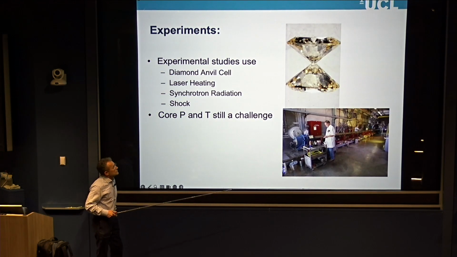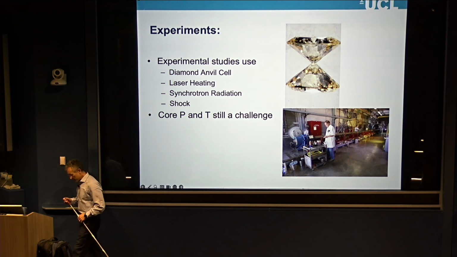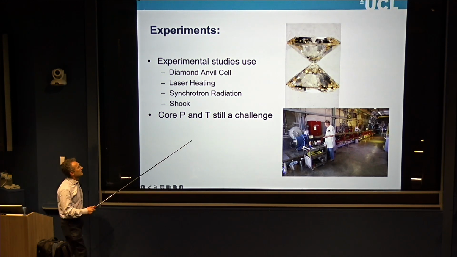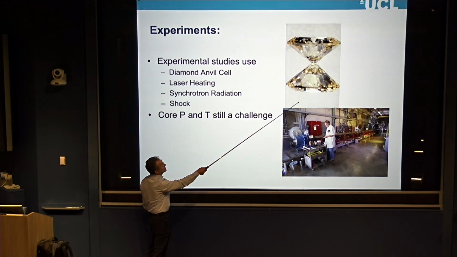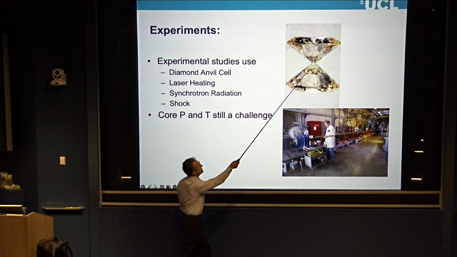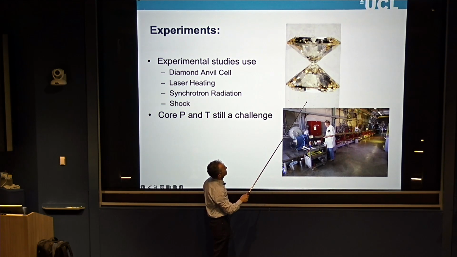Well, of course, we would like to do experiments directly on these materials, which you can do typically using mainly these two techniques. Okay, so this is a diamond anvil cell. You can see two diamonds here. You put a sample here in the middle. Then you apply high pressure.